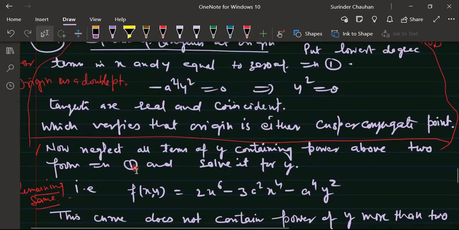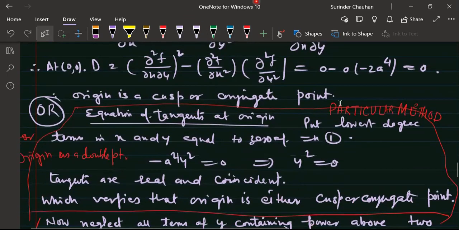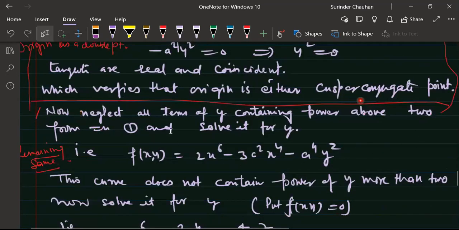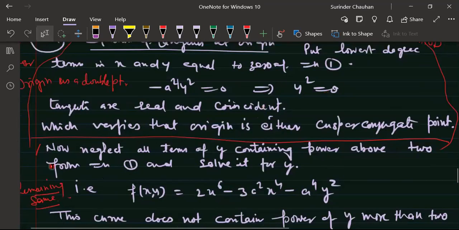Afterwards, the same discussion holds for both. Now our aim is to decide whether this is a cusp or a conjugate point. Now neglecting all terms of y containing power above 2, from the equation, solve it for y.